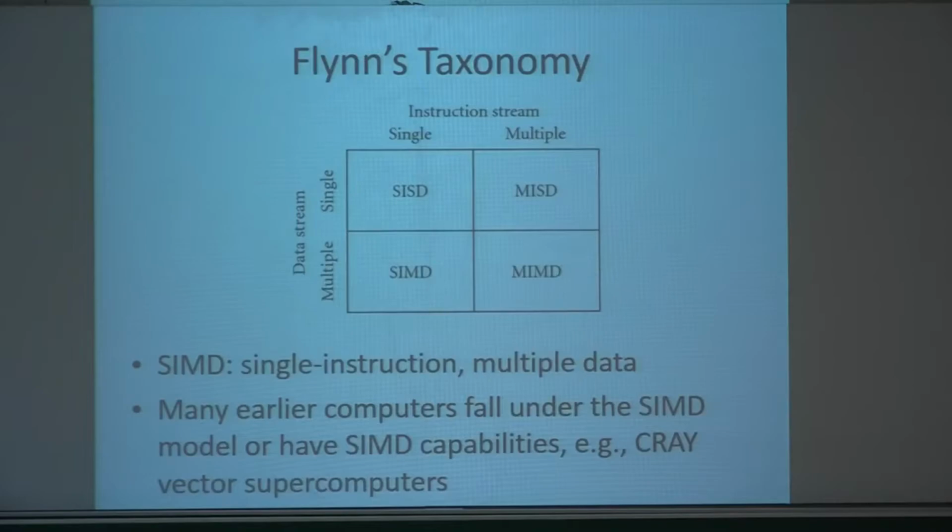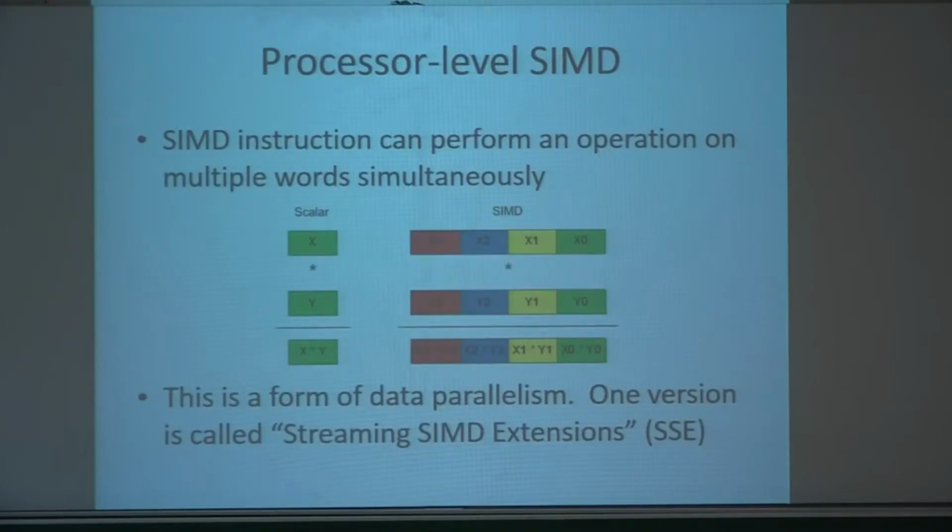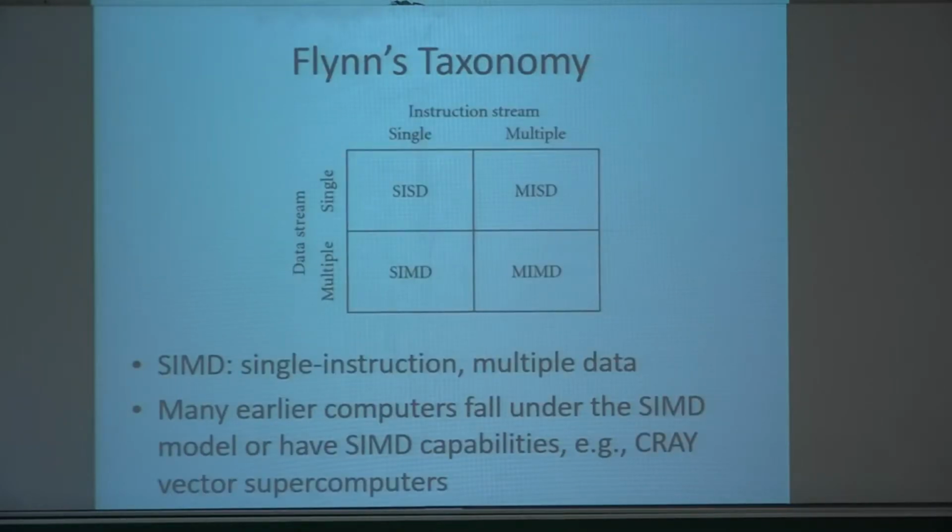Okay, so let me explain the term SIMD. A long time ago, these terms were introduced, and you can think of parallelism in the instruction stream. So we have single instruction or multiple instructions. And you can also think of parallelism in the data stream. You have single pieces of data and you have multiple pieces of data.